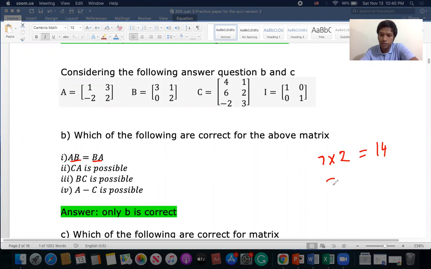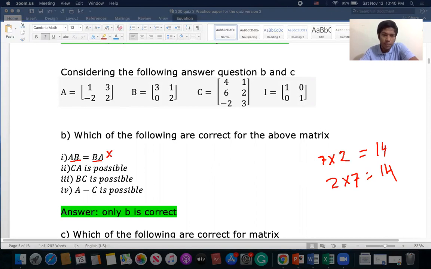If you write 2 first, 2 into 7, you still get 14. So this is true in algebra. But in the matrix, it is not the same. You can test it if you want. If you multiply A and B, you will get one answer, but if you multiply in the reverse order, you will get some other answer. So that's why this is not possible.